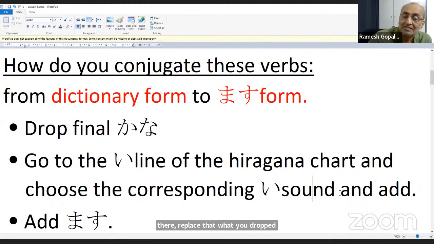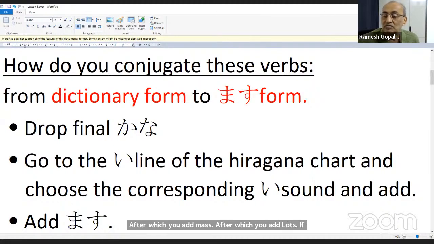After which you add mass. If you do that, you would have changed the verb from its dictionary form to its mass form.